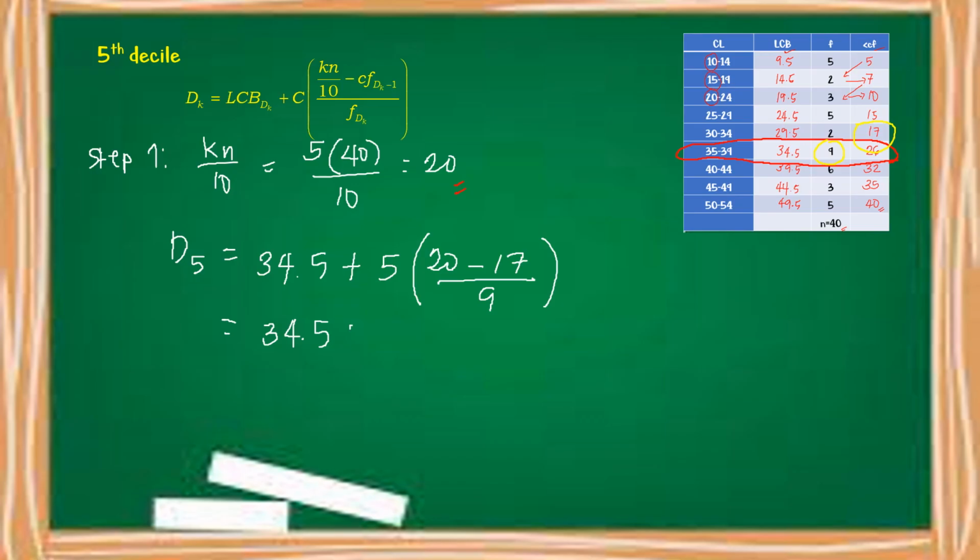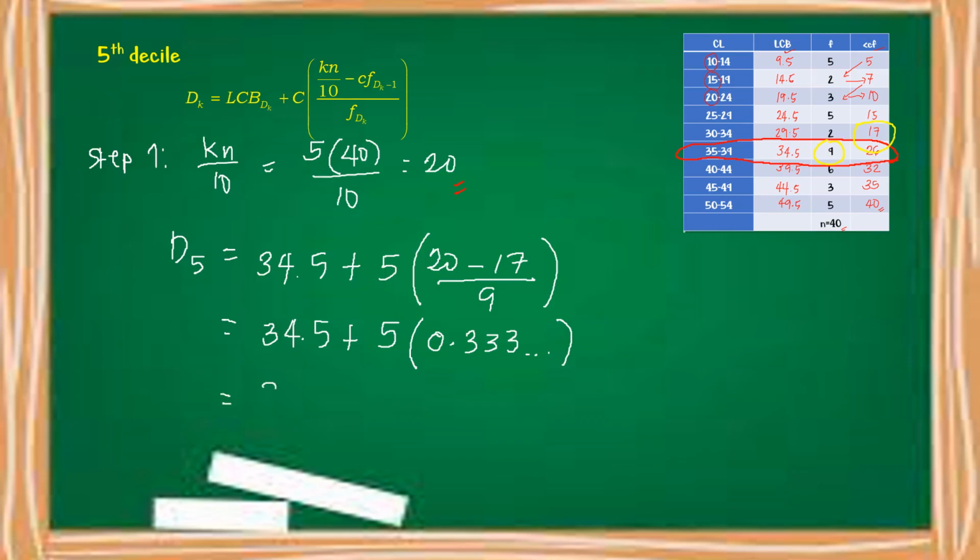So we have 34.5 plus 5 times 20 minus 17, which is 3, divided by 9, or 1 over 3, which is 0.333. Multiplying by 5 gives 1.667, plus 34.5.